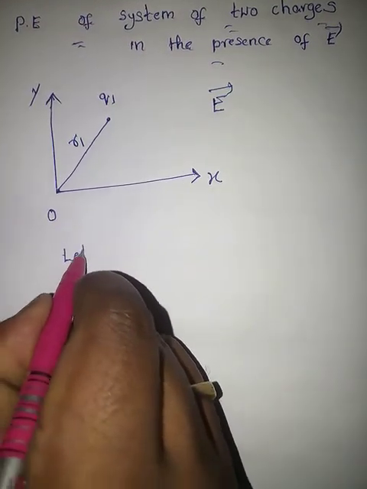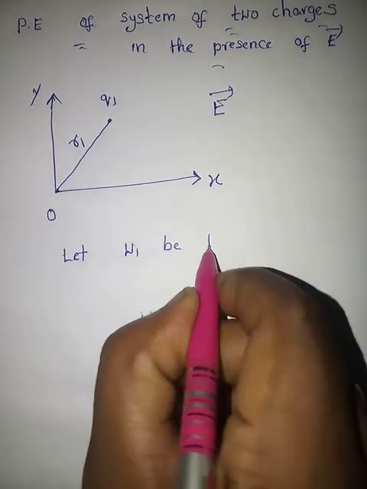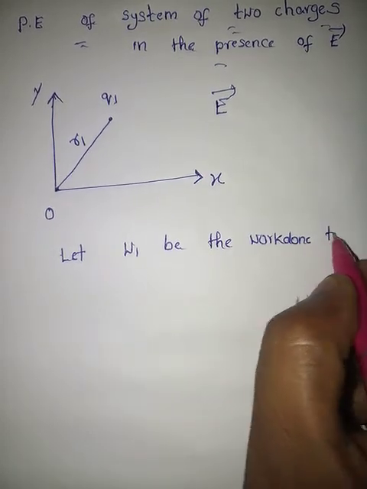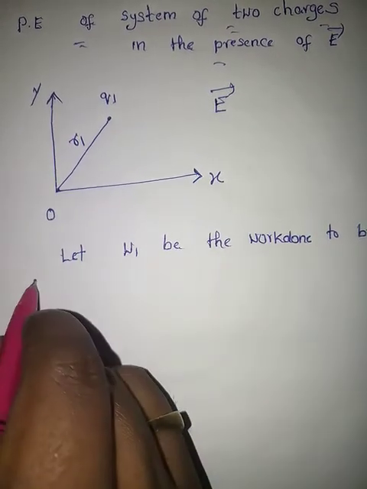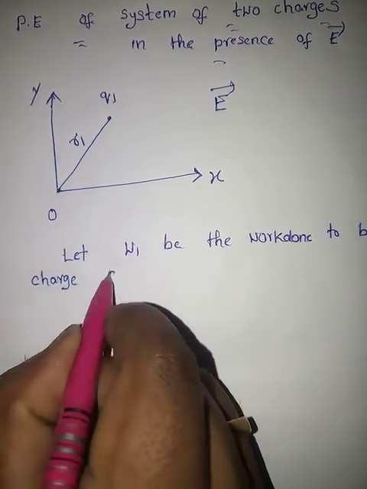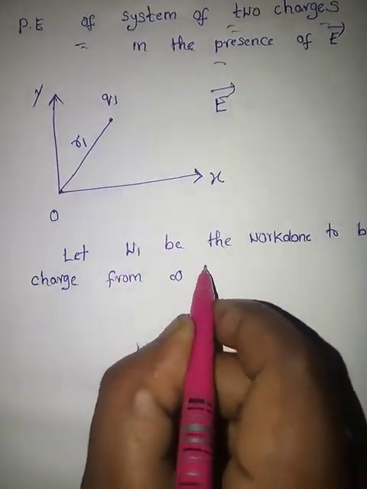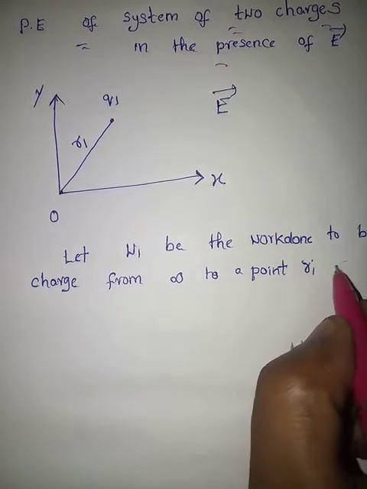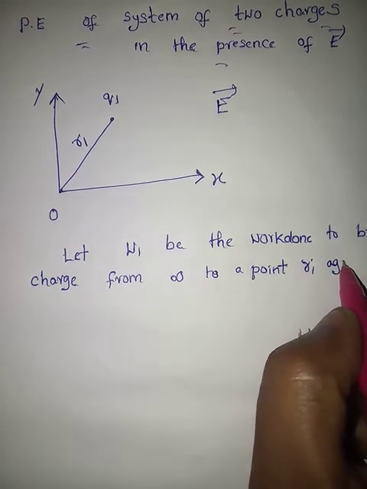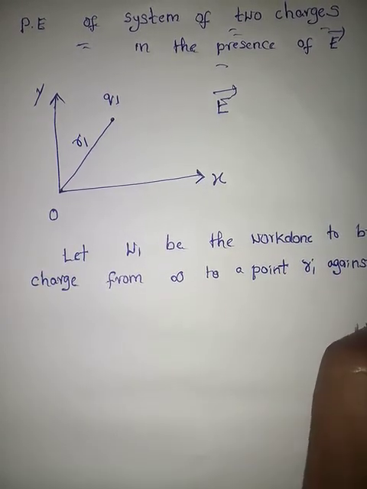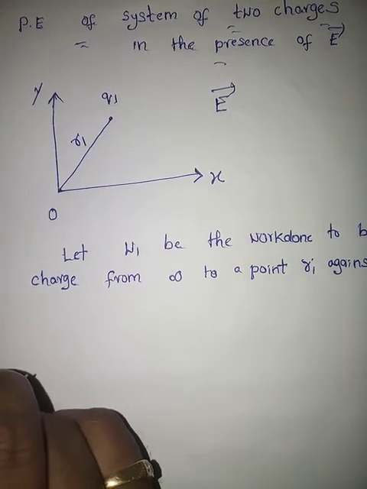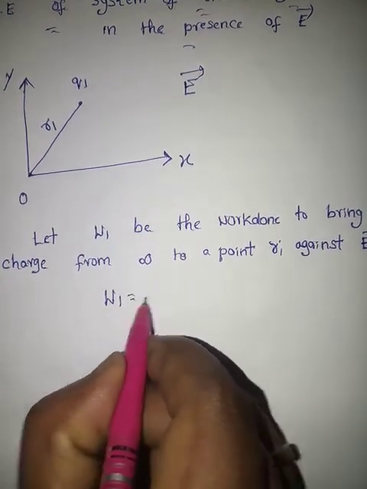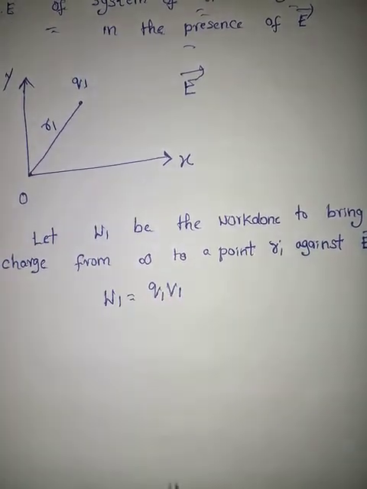Let W1 be the work done to bring the charge from infinity to the point R1 against the electric field. Now what is the work done? W1 equals Q1 into V1.